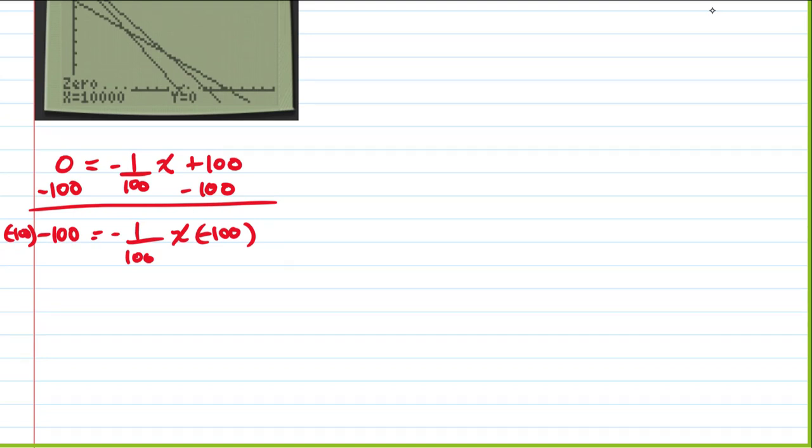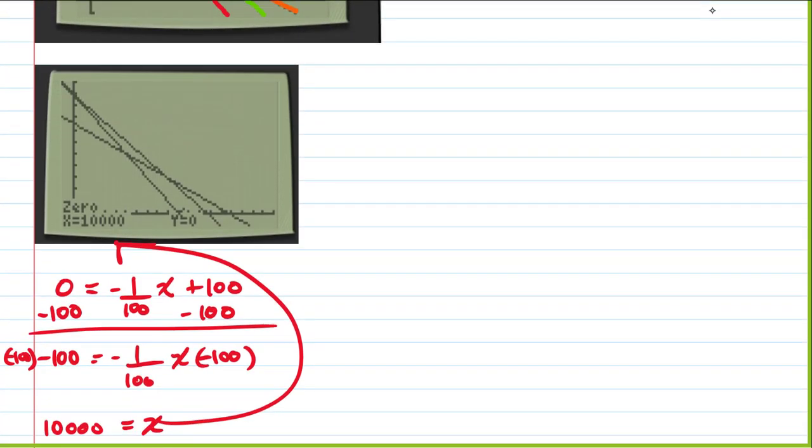So negative 100 times negative 100 is 10,000. Positive 10,000 is equal to x, which is the same number we got here, right? Because we were finding the x coordinate when y was equal to 0. That's how you find x-intercepts.